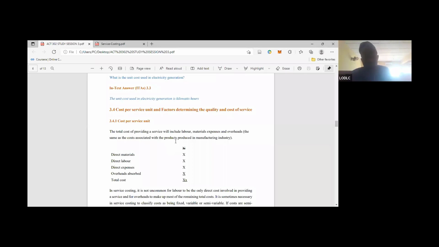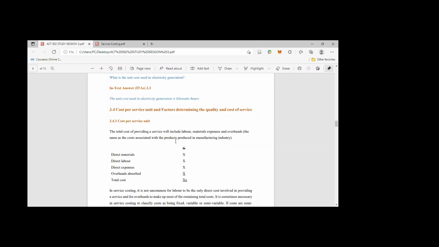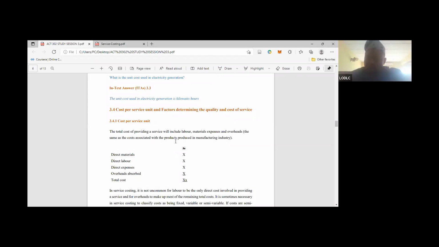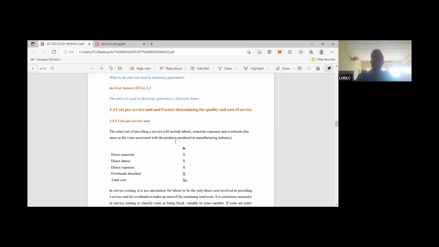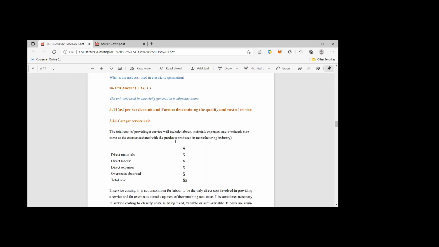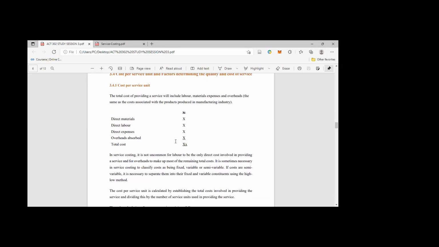How do you arrive at a cost per service unit? You look at the direct materials, direct labor, direct expenses, and overhead absorbed, and at the end of the day, you total them together to get your total cost.